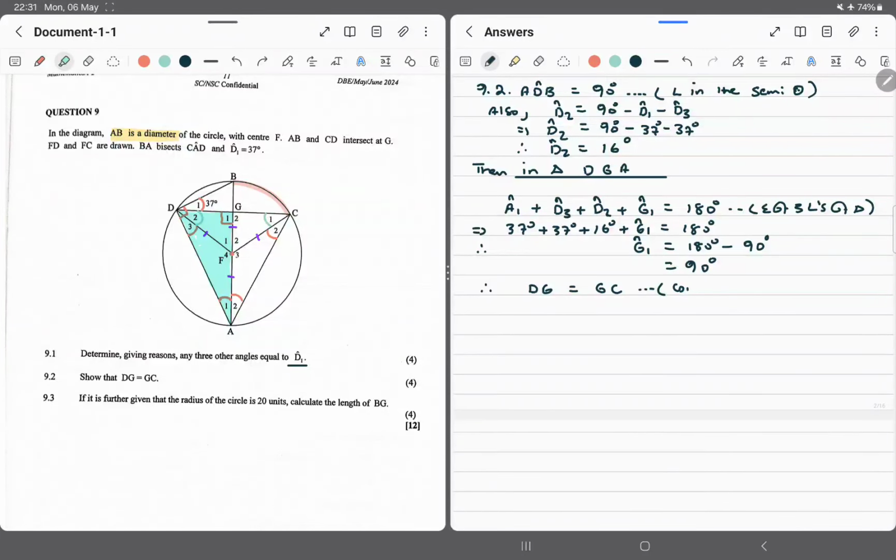This one is the converse of line from center perpendicular to chord. Okay, because normally we get told this is perpendicular, then we can say it bisects the chord. But now we saw that this is perpendicular.